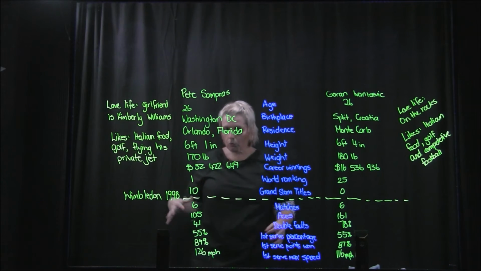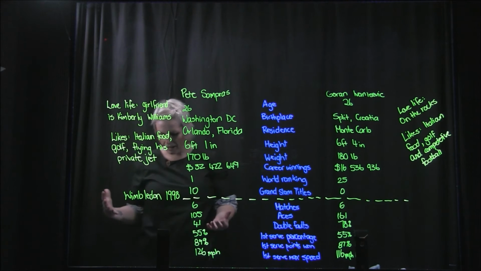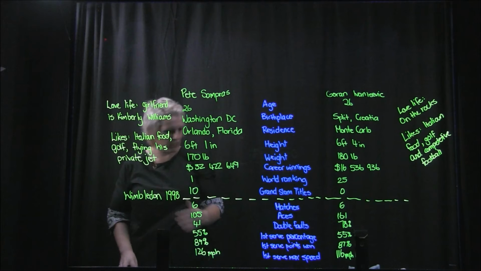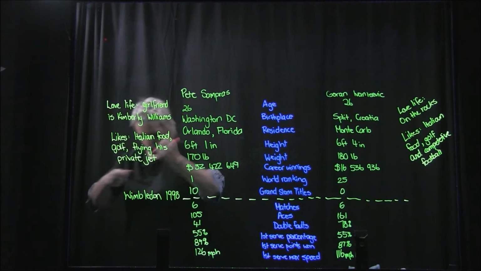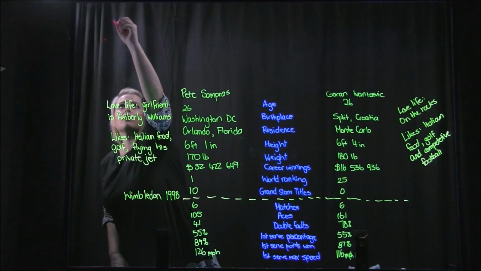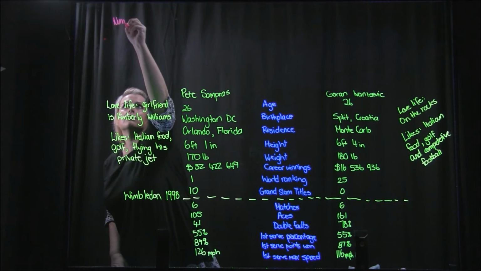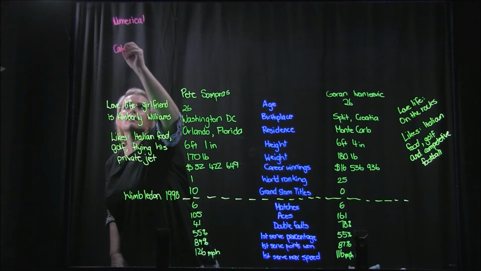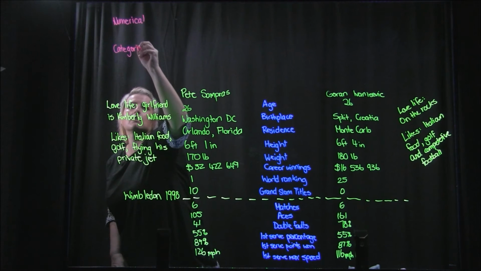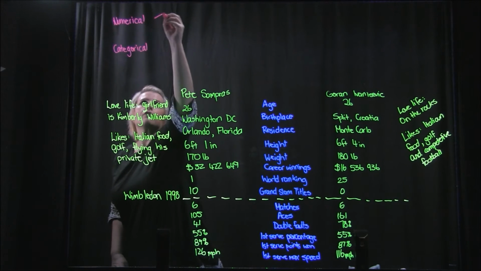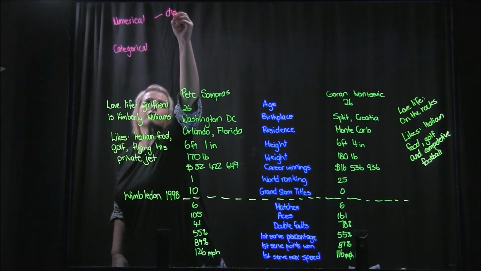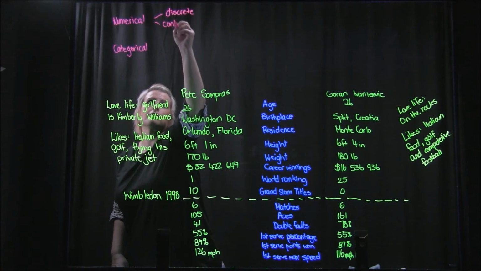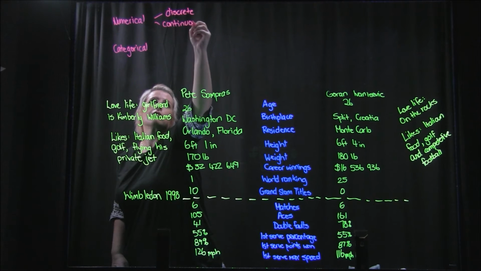So basically what I want you to think about is what these types of data are. So just as a reminder, you're looking at numerical or categorical. And numerical will either be discrete, set numbers, or continuous, anywhere along the scale.